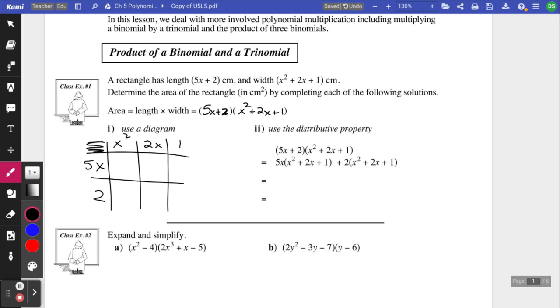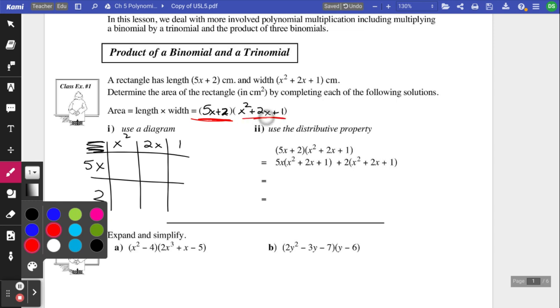We have to multiply everything together. Everything of the 5x and the 2 must be multiplied by every term in the other bracket, right? All of these things, the 5x and the 2, have to be multiplied by all 3 of those things. So this is a great way to do it.